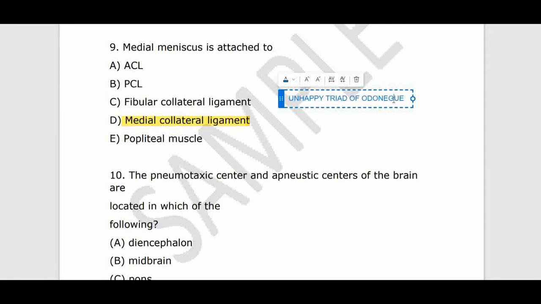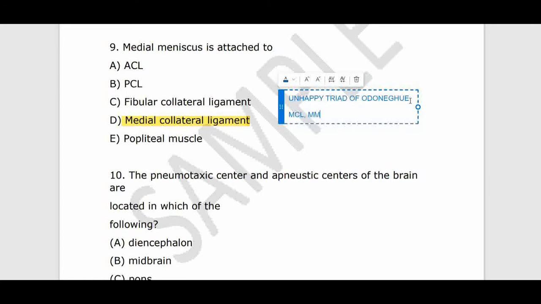Okay. So this is when you have injury to 3 closely related structures in the knee, which is the medial collateral ligament, which is attached to the medial meniscus, both of them ruptured, because anytime one is injured, there's a great chance that the other one will also be injured because these two are attached.